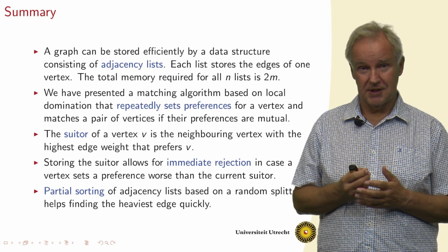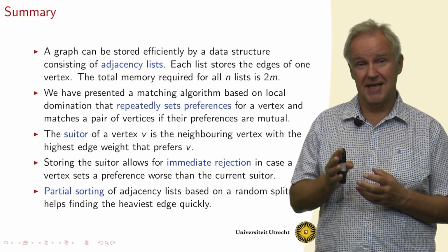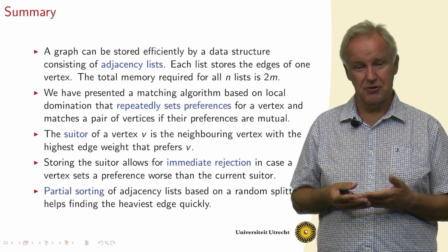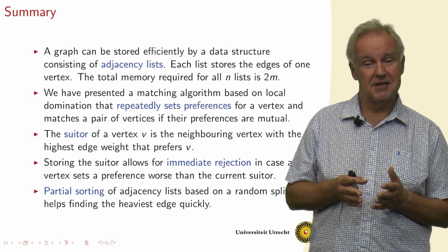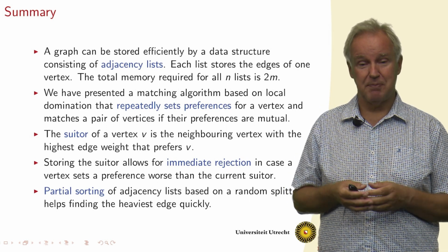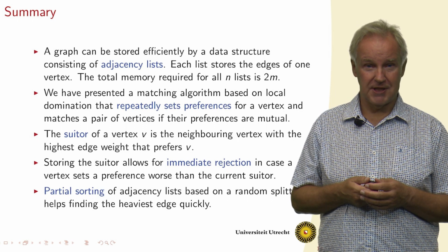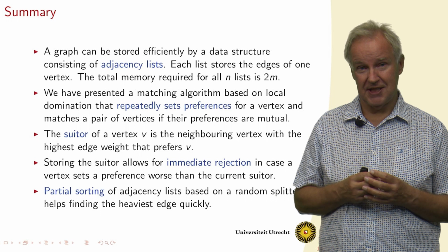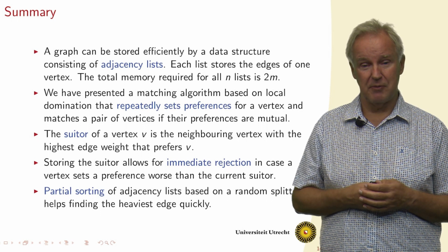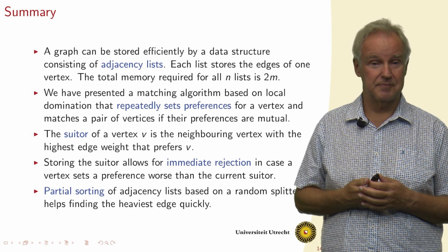The suitor is the vertex that prefers you and that has the highest weight, and that can be used, for example, to immediately reject a preference, and that speeds up the algorithm. The sorting of adjacency lists, partial sorting, helps in speeding up the algorithm as well, because future setting of preferences goes faster.